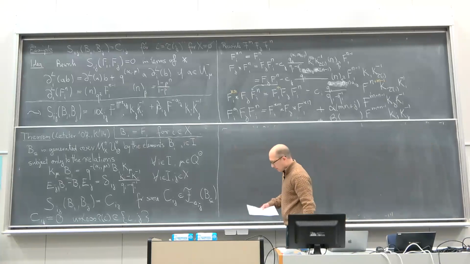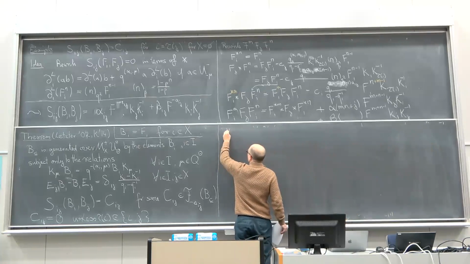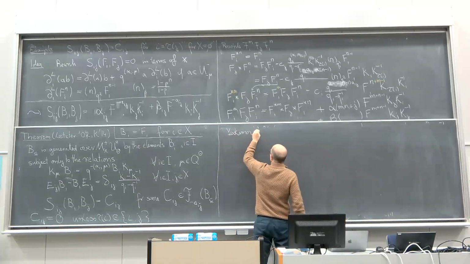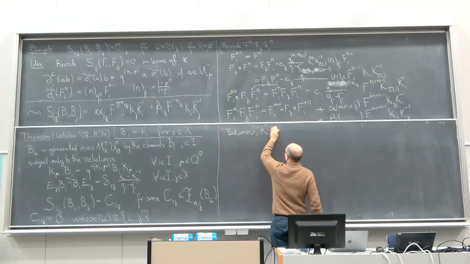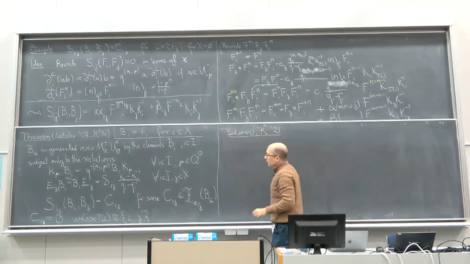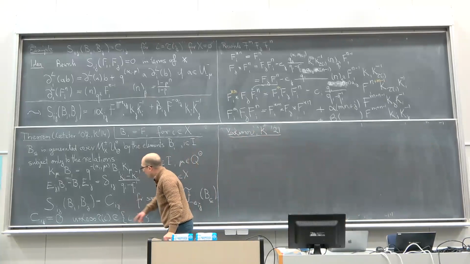So just as a remark, this is joint work with Milen Yakimov. And what happens, so we have dealt here with the case where tau of i is j.